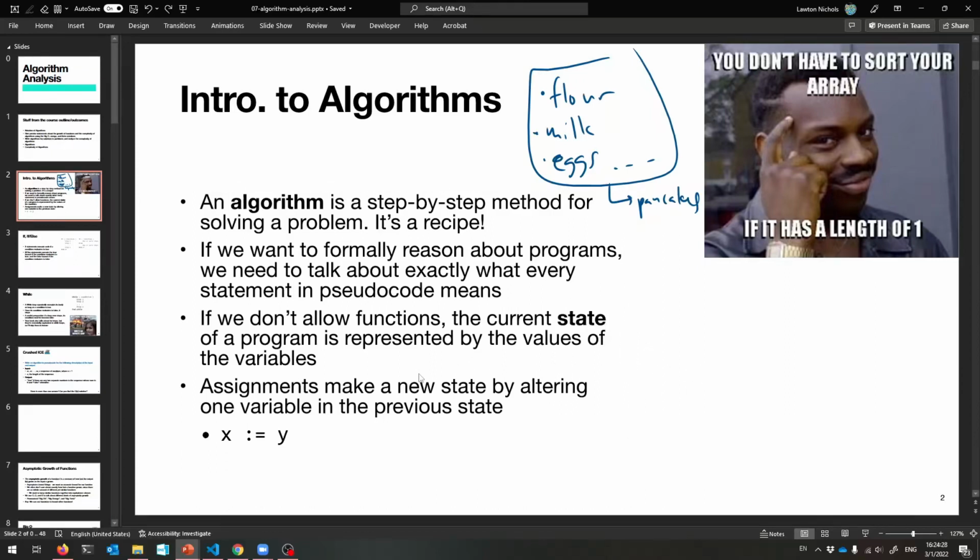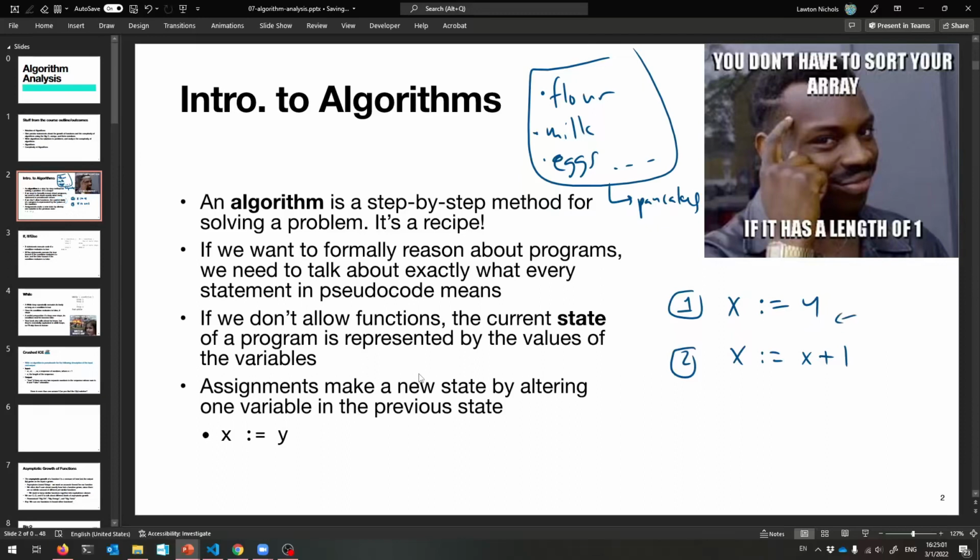So, for example, here is a sample little algorithm: x gets to be 4. I think your book uses the colon equals. That is an assignment statement. It's meant to be imagined as an arrow going to the left. And then x assigned to be x plus 1. If we take this viewpoint, this is line 1, this is line 2, and we can talk about the state of a program as it progresses.